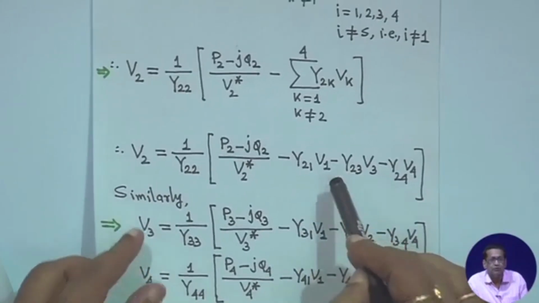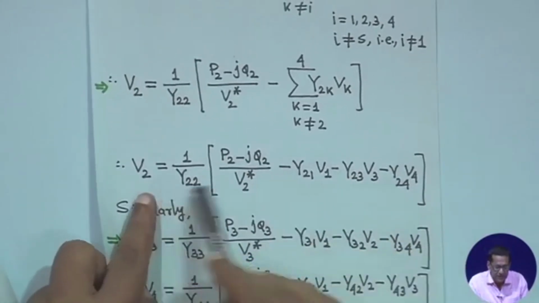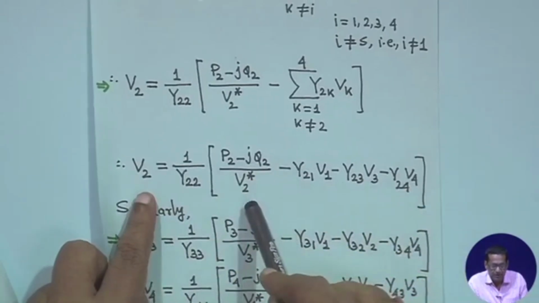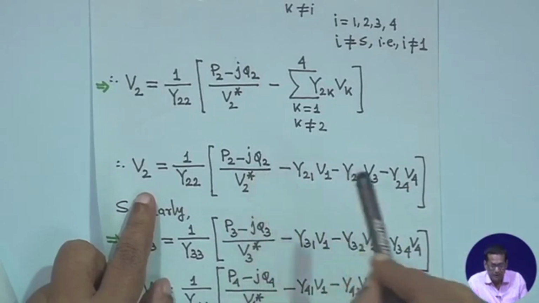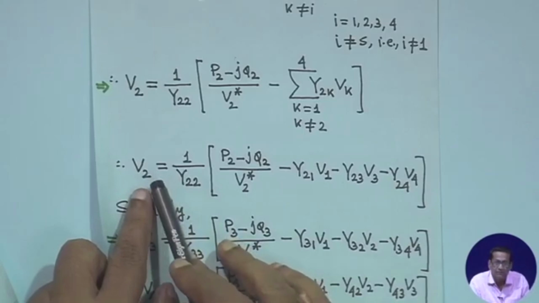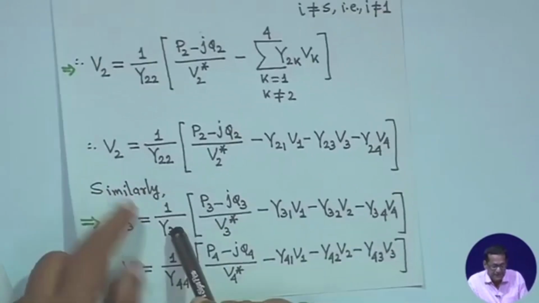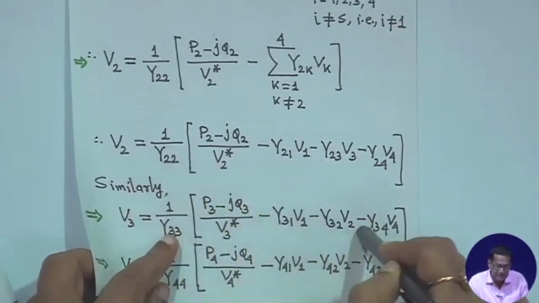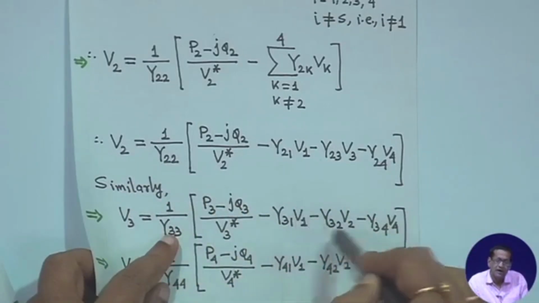That is why what we do is first calculate V2 using the initial values of V3, V4, and P2, Q2, all of which are known. But whatever value of V2 you get in this equation, immediately put that value in the next equation along with the other initial values.